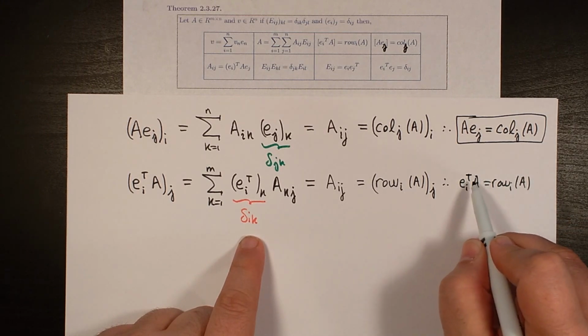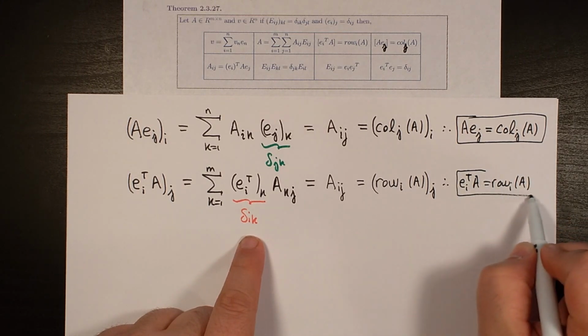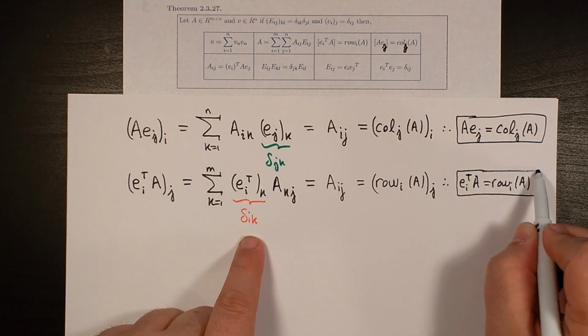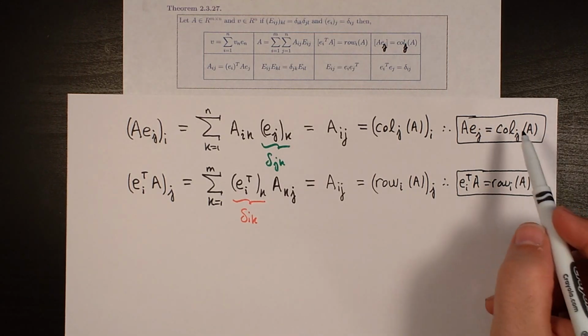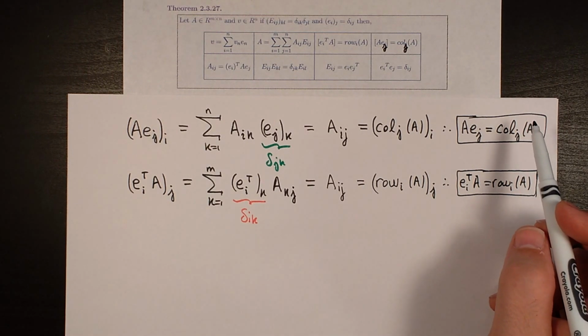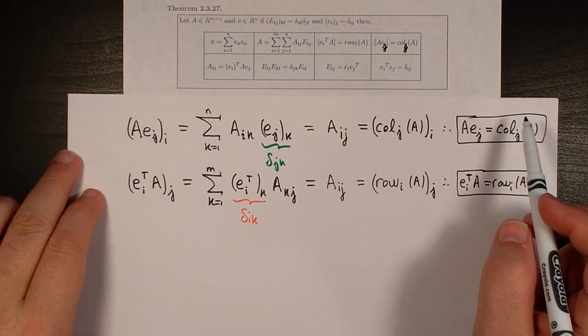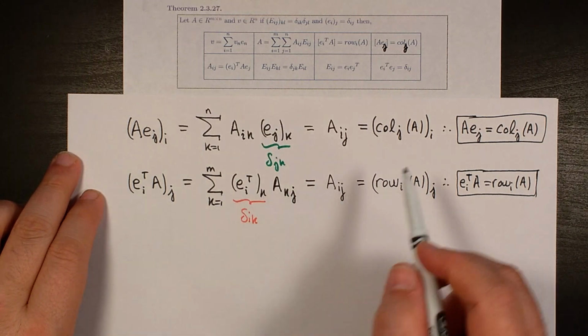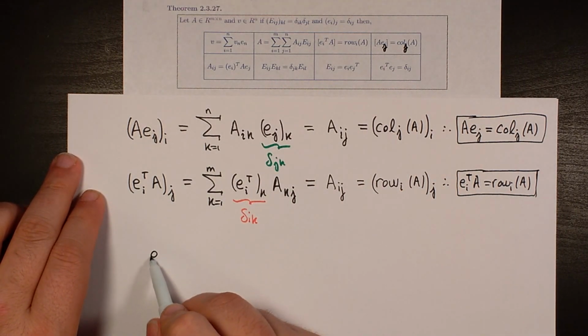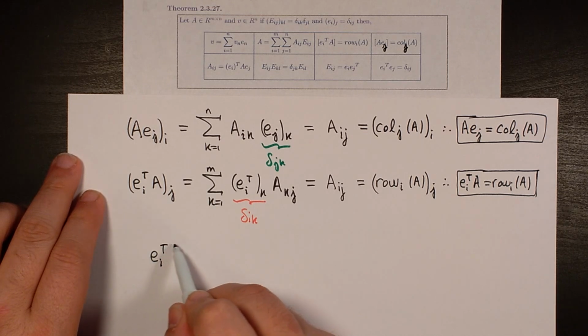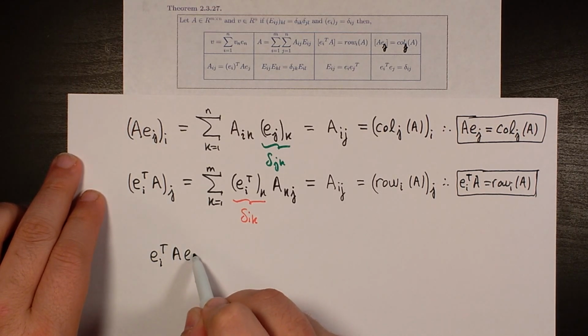So if I want to select the ith row of A, I can just left multiply it by the ith standard basis row. If I want to select the jth column, I can just multiply on the right by the jth standard basis vector. Now, an immediate consequence of that is this one. If I look at E_i transpose A E_j, what's that going to be?